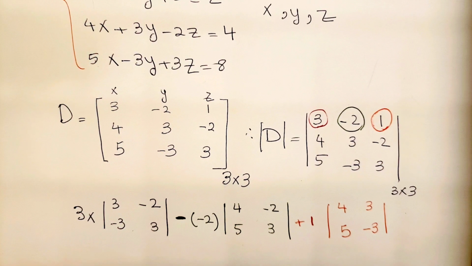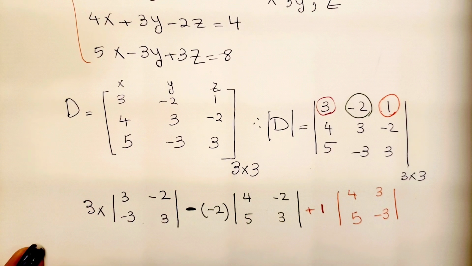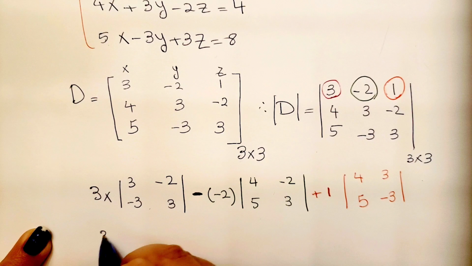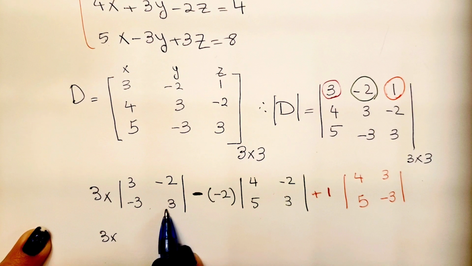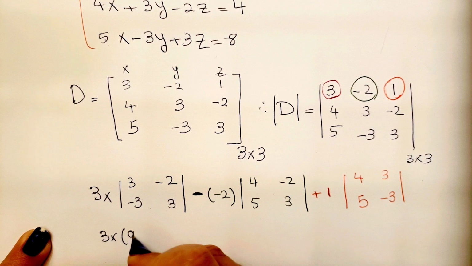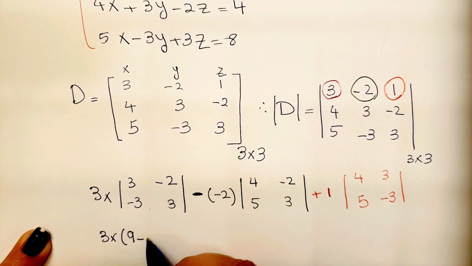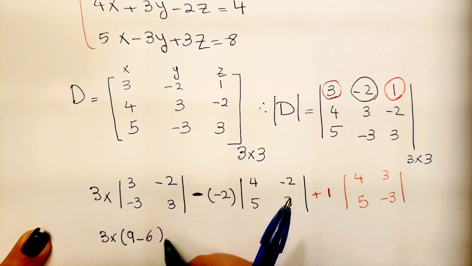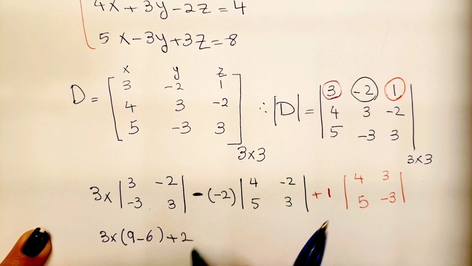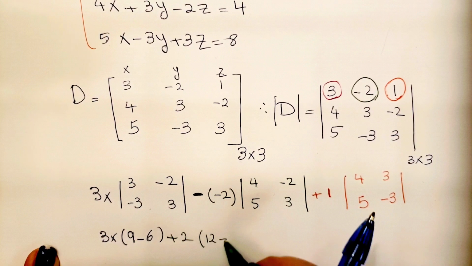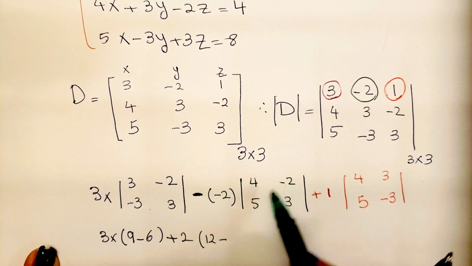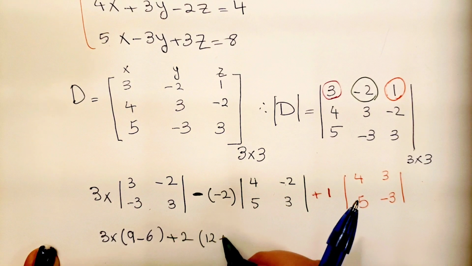So here I have to go and calculate. 3 times 3 is 9. Negative, this would be a plus, and here that would be turned into a positive. So that would be 4 times 3, which is 12, minus, it would be -10.